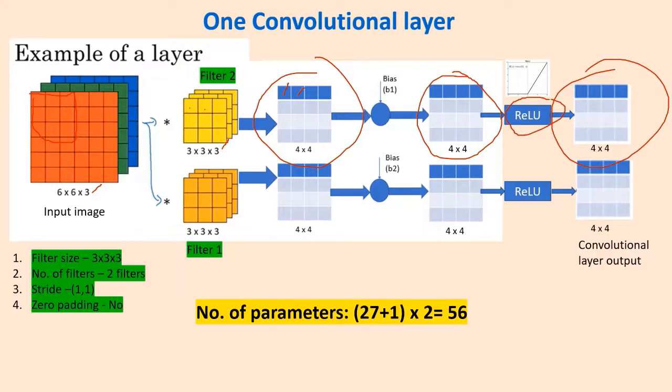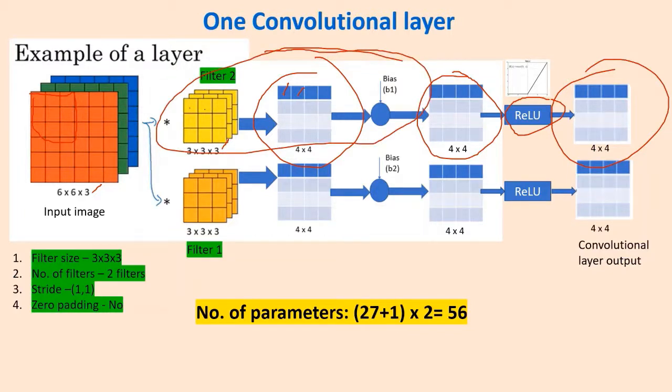Now what is important is how many parameters we need to train during the training process. In this example, each filter has 27 weights, that means 27 parameters, plus 1 bias, that means 28 parameters for each filter.